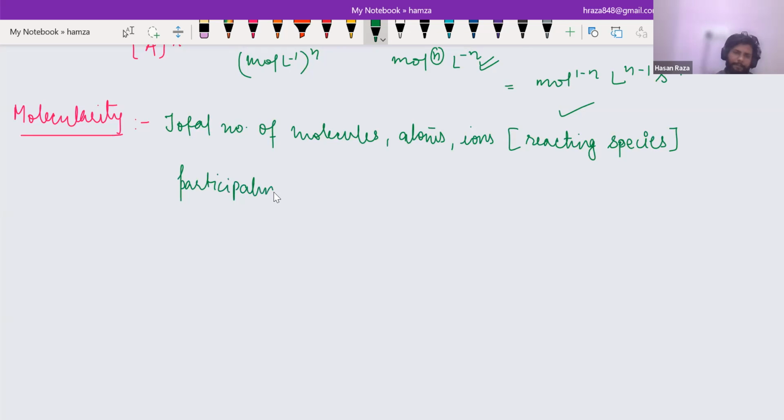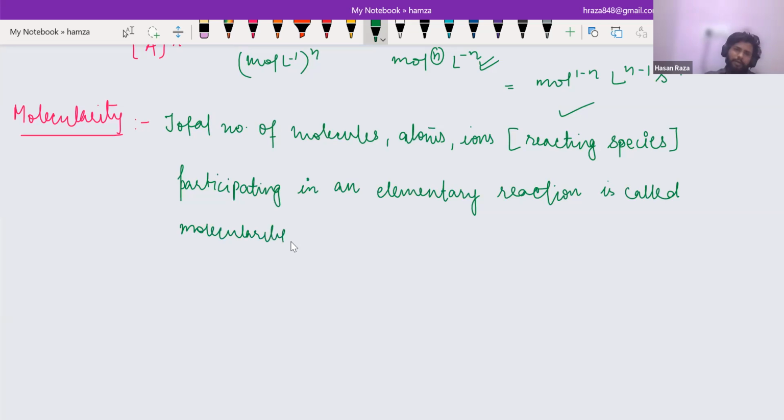The total number of reacting species participating in an elementary reaction is called molecularity. This is the definition for molecularity.